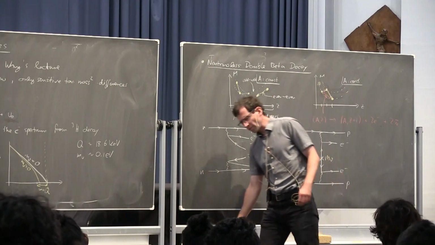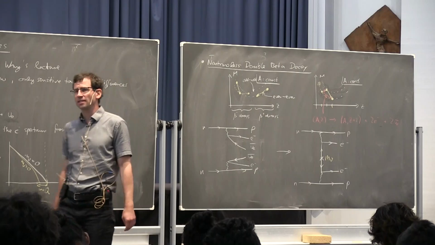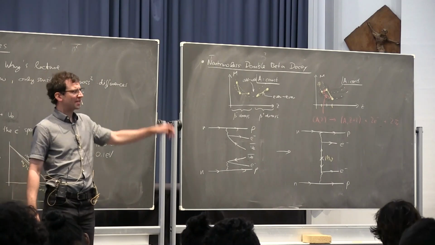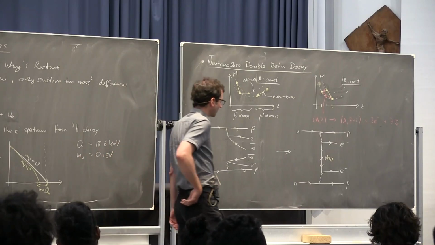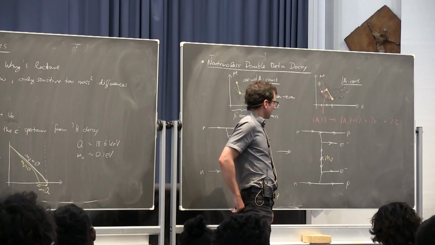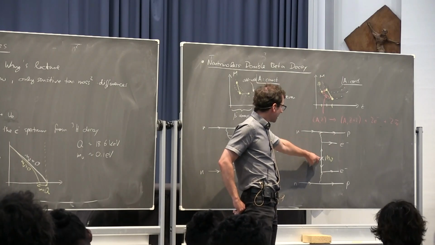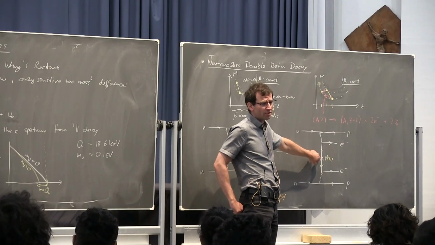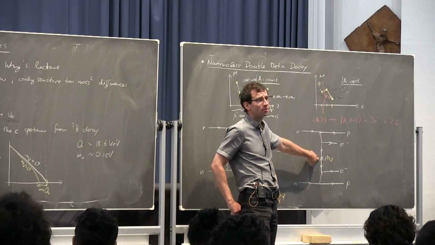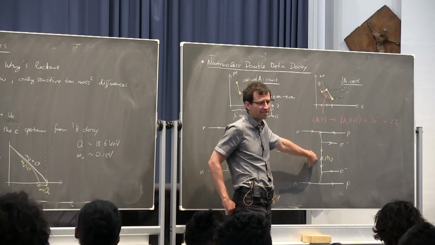And now I have a diagram that is essentially mediating the same nuclear process, but without any neutrino in the external state. And that's why it's called neutrinoless double beta decay. And as you can see, I have this Majorana mass insertion here, which means that the amplitude for this process is going to be proportional to the neutrino masses. And that's why this process is sensitive to neutrino masses.